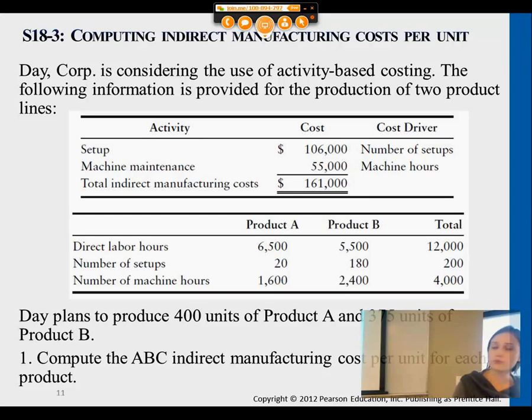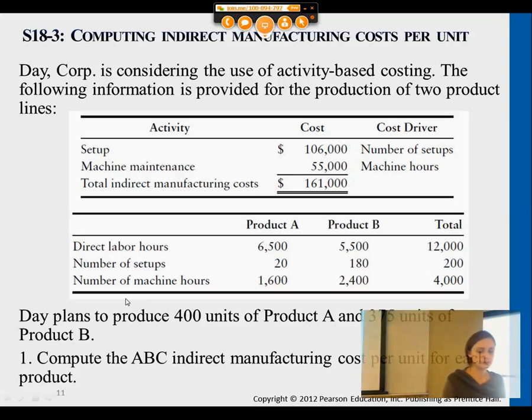I know for each of the products my direct labor hours, number of setups, and number of machine hours. You just need to figure out correctly what your cost driver is here. You don't need to use all of these items. You need to identify correctly.